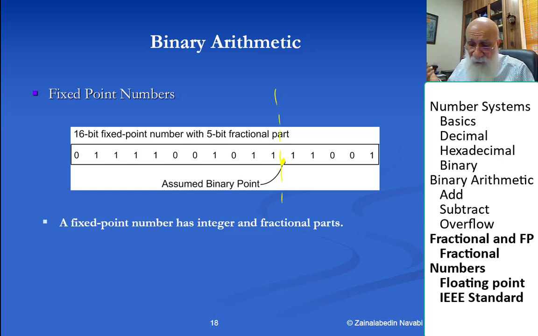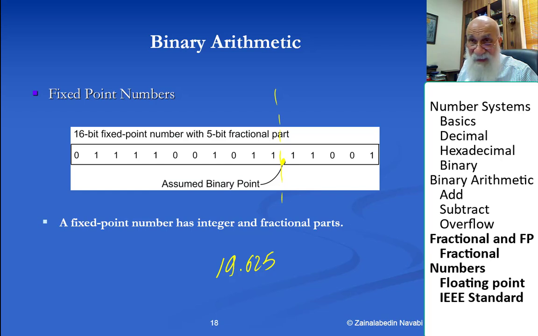Okay, so any of the numbers we have seen before, for example, there was 19 point something, let's say 19.625.